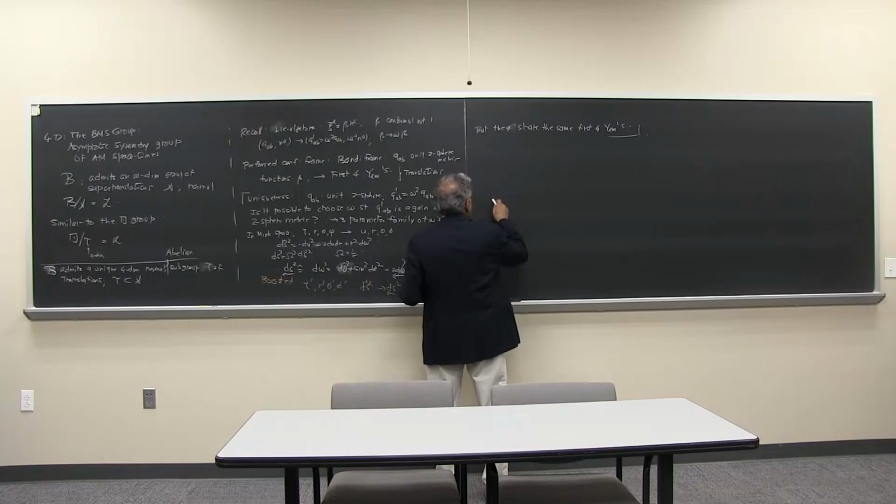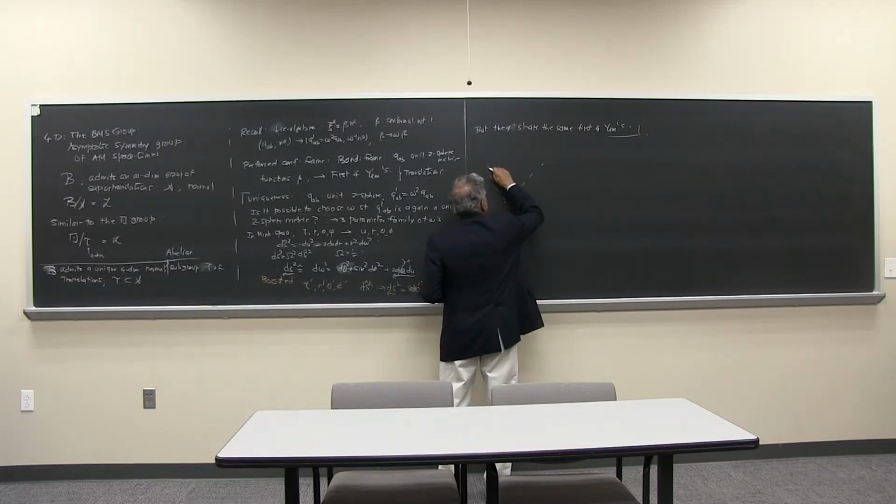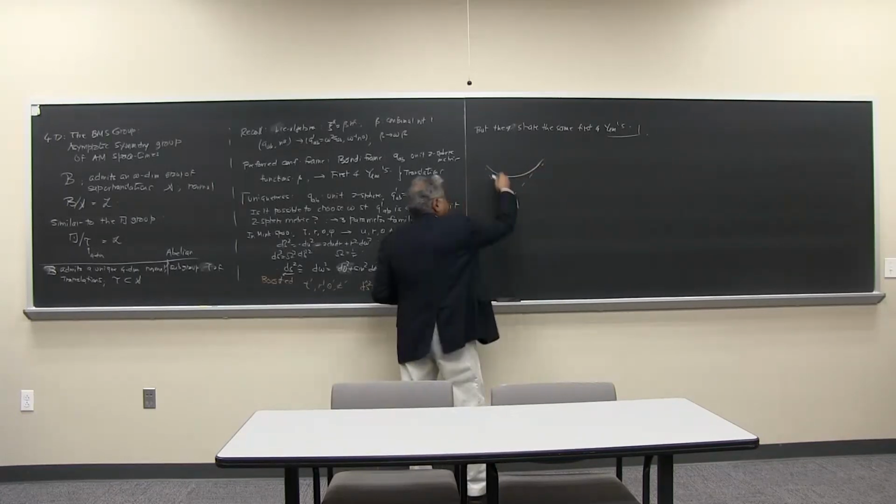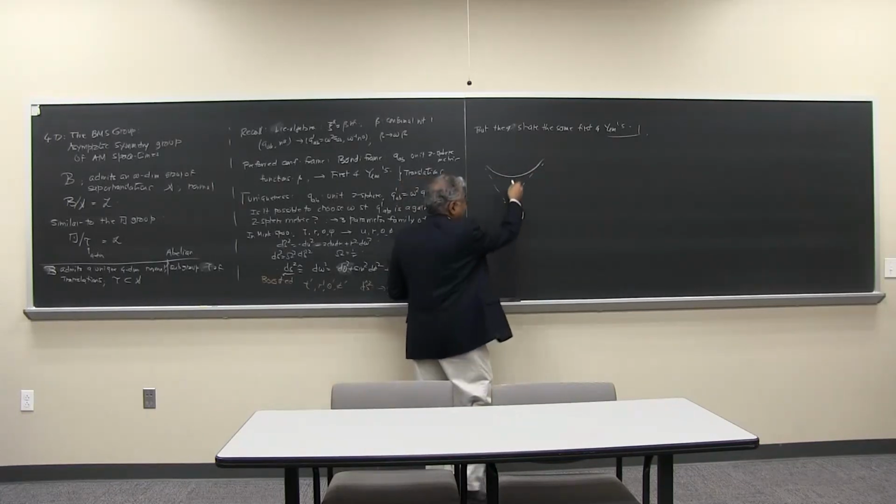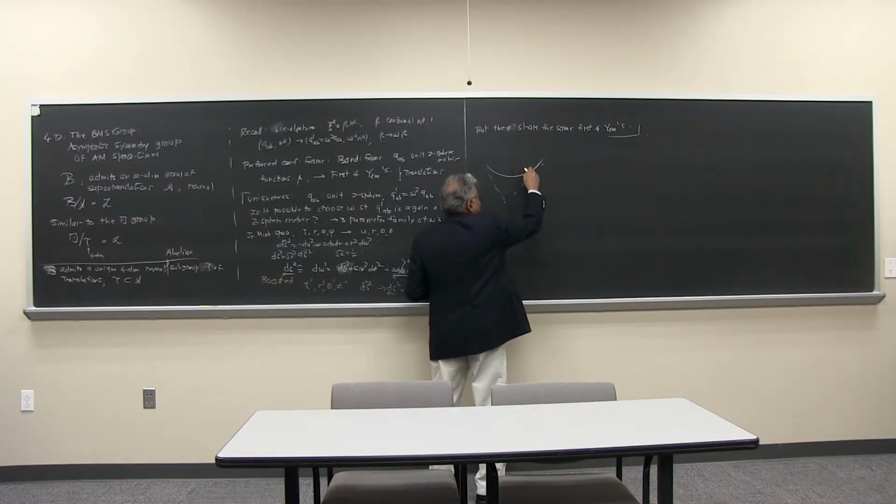So if I take Minkowski space, and if I take the origin, and then I've got the light cone up here, and I've got the mass shell, I mean, this is a unit hyperboloid.